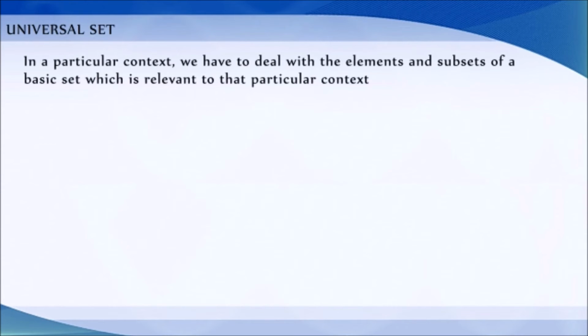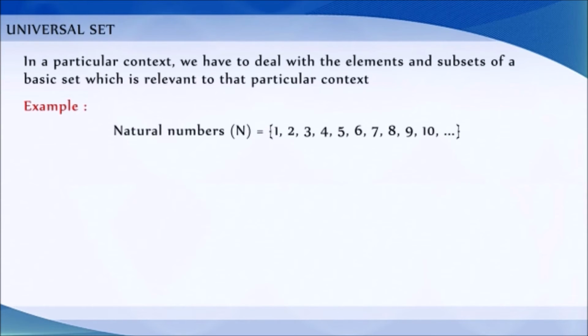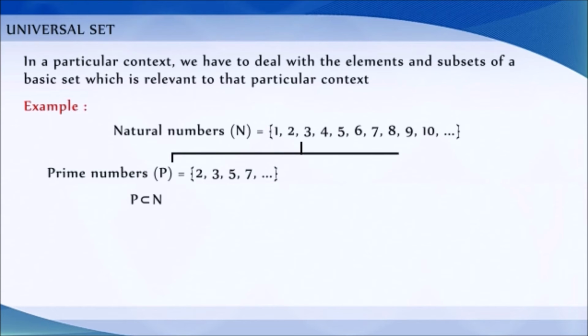Universal set. Usually, in a particular context, we have to deal with the elements and subsets of a basic set which is relevant to the particular context. For example, while studying the system of numbers, we are interested in the set of natural numbers and its subsets, such as the set of all prime numbers, the set of all even numbers, and so on.